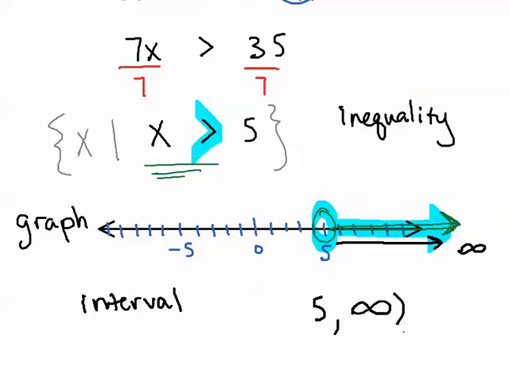We're just going to go up to it. And then since 5 is not included, because of the strict inequality used, we're going to use an open parenthesis there too. This is saying all the numbers that go from 5, not including 5, and bigger. And that's the answer. So you can stop the video here.